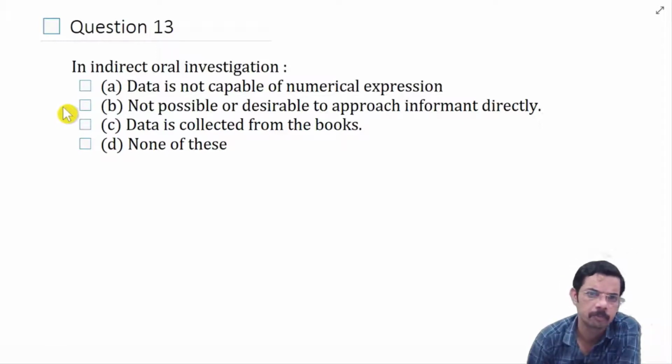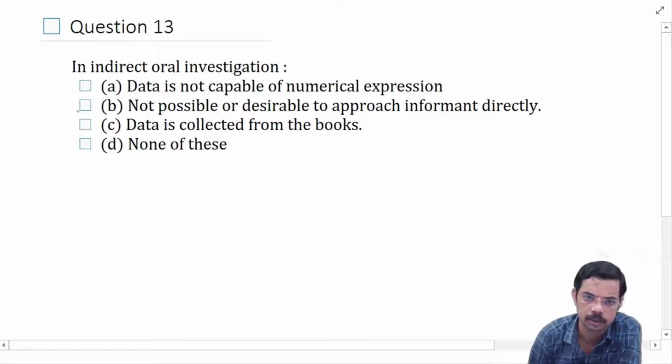It may not be possible to reach, so therefore we appoint an agency on our expense. So it will be collected directly from those people by our agencies, but it will be indirect for us. So it is option D.